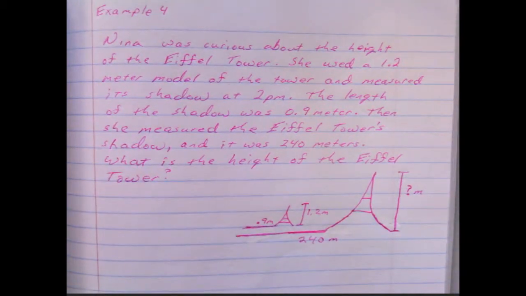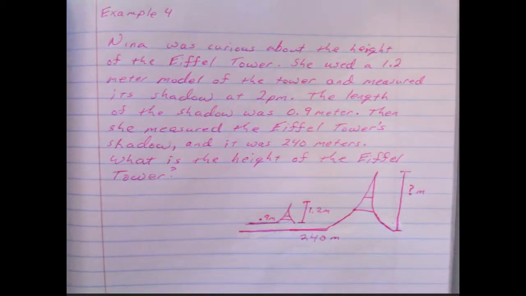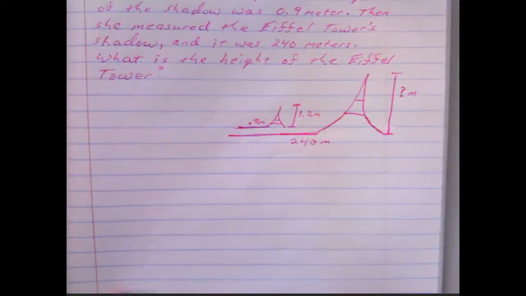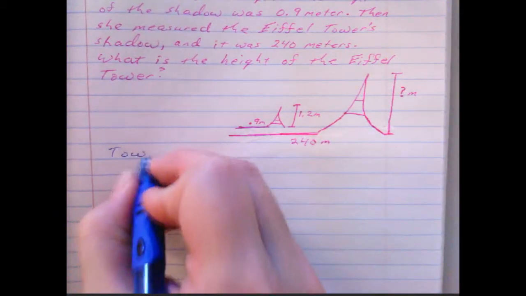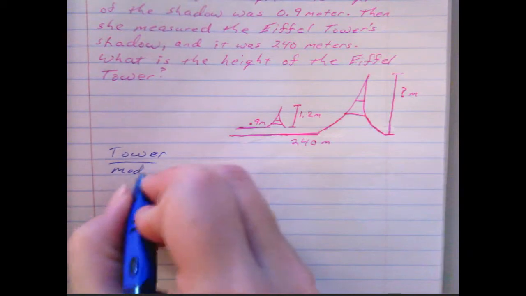So we're going to do just like we did before, where we're going to be setting up our proportion and then finding the missing value. So setting up our proportion, for this one, I'm going to have the height of the tower over the height of the model. So tower over model.